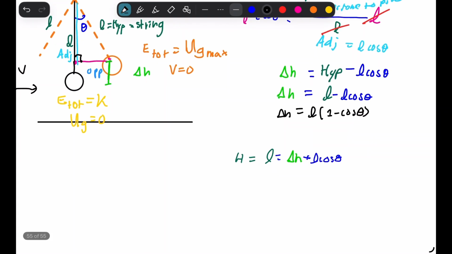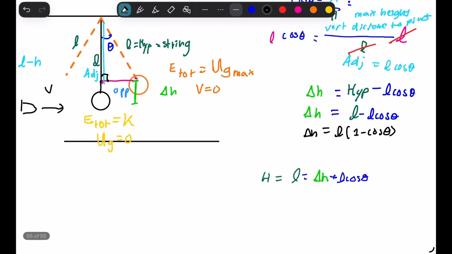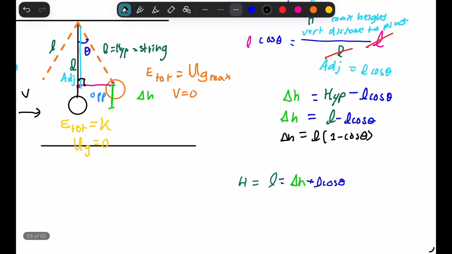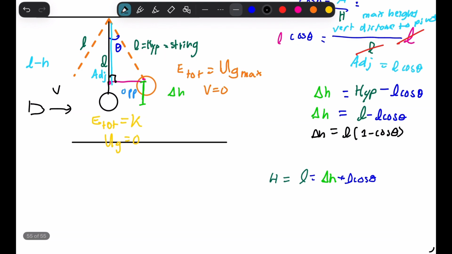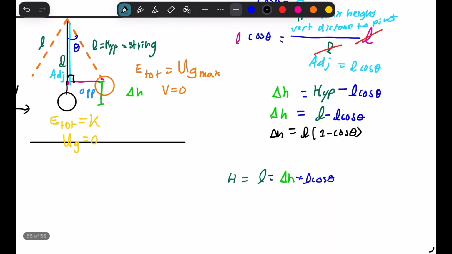If we want to find the change in height, the change in height is equal to our hypotenuse minus L cosine theta, which was our adjacent side, because our entire string subtracted by that adjacent side is going to equal that little difference that the height of the ball travels when it goes up in that circular arc motion.